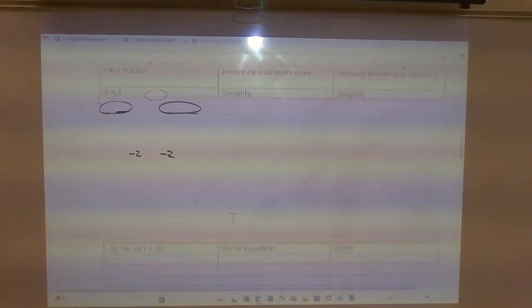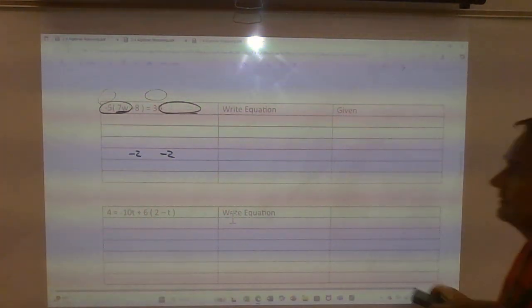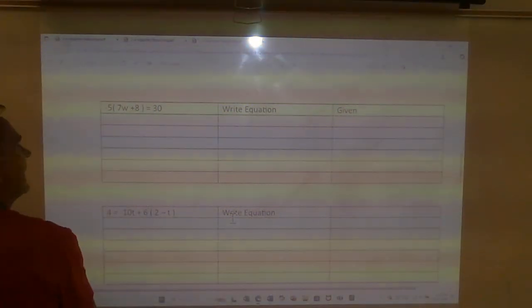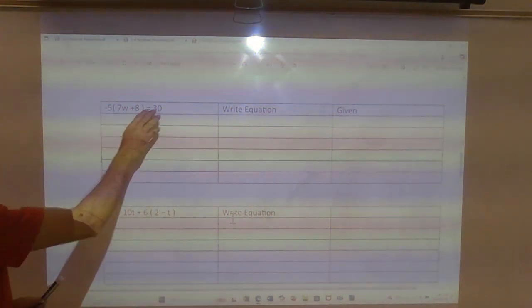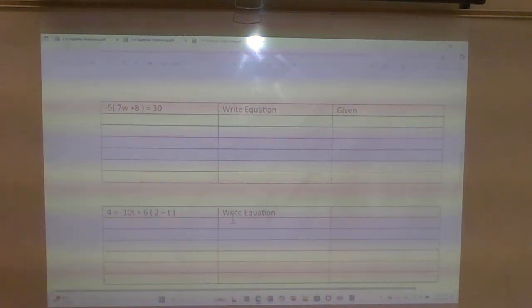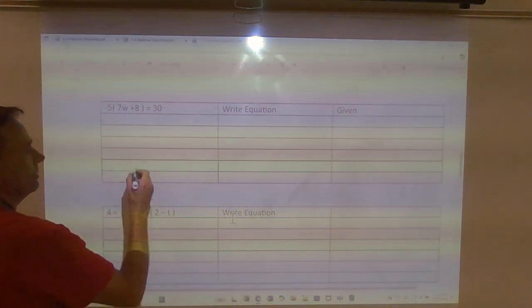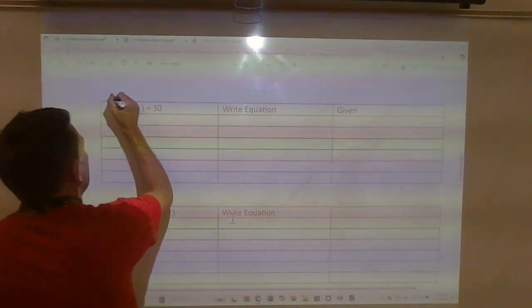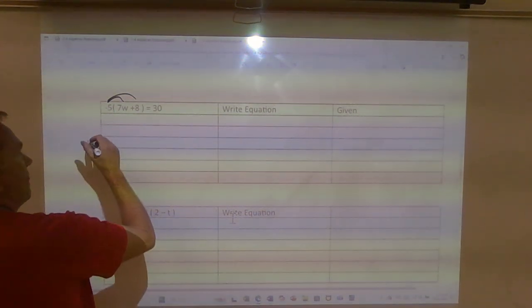Next problem we're going to look at is this one. We have negative 5 parentheses 7w plus 8 and then equals 30. So thinking about those properties we had before, we want to distribute negative 5 to the 7w, then negative 5 to the 8.